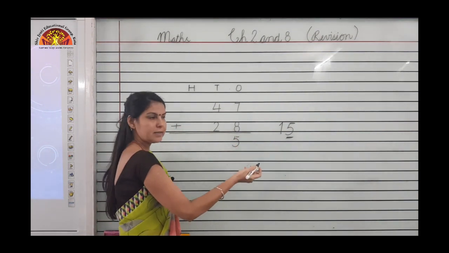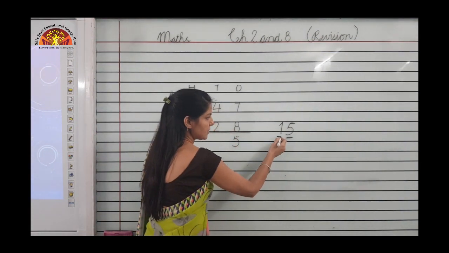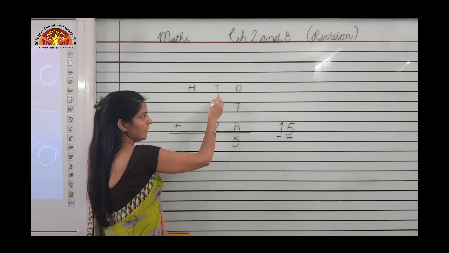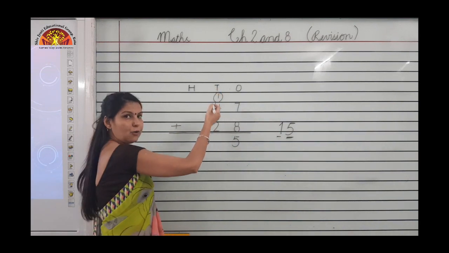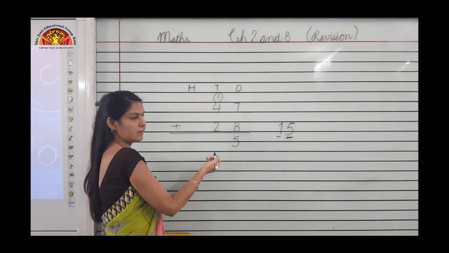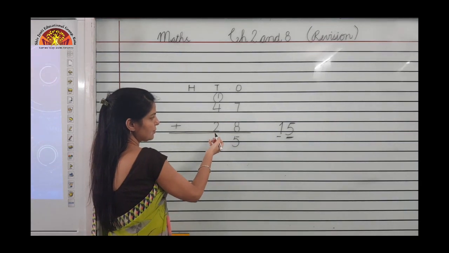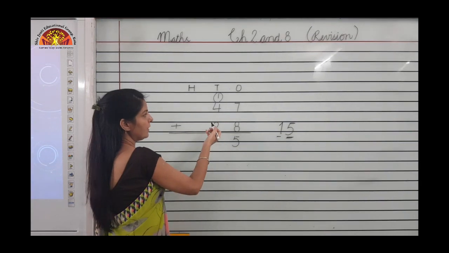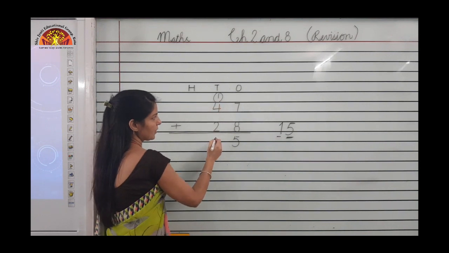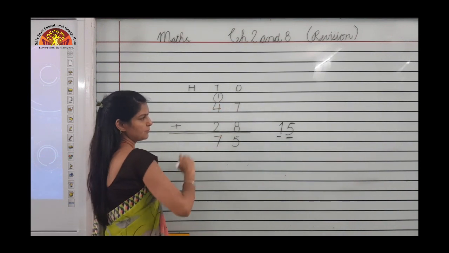The other digit, which is at ten's place, we will carry over to the ten's place, because now we are going to add these digits. Now 4 plus 2 is 6 and 6 plus 1 is 7.